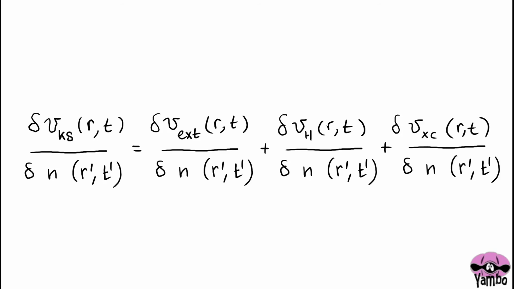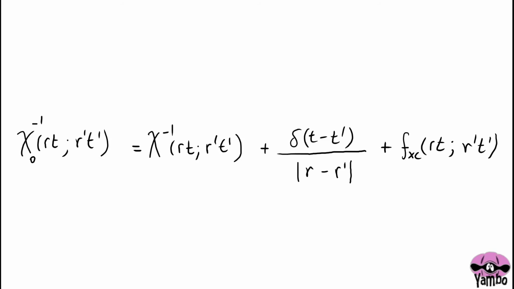Let's take the functional derivative of the Kohn-Sham potential with respect to the electron density, using the fact that the density is the same in the physical system and in the Kohn-Sham system. Then we recognize that on the left-hand side we have the inverse of the Kohn-Sham independent particle response.